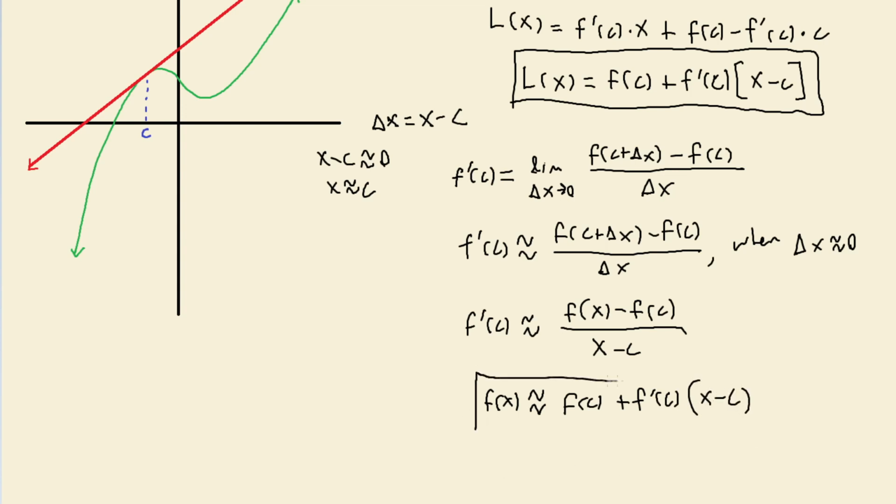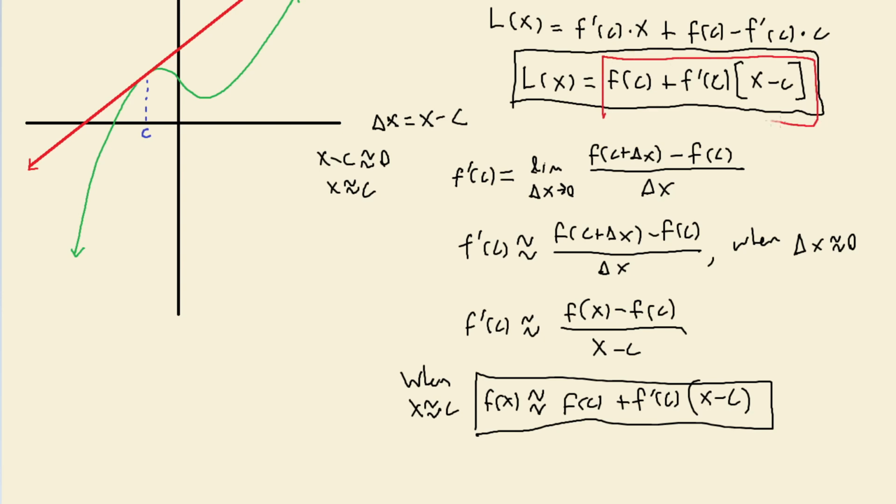And so what does this tell us? I'm going to bring this caveat here that when delta x is approximately equal to 0, which is the exact same thing as saying when x minus c is approximately equal to 0, therefore x is approximately equal to c. So I'm going to bring that caveat down here. I'm going to say when x is approximately equal to c, f of x is approximately equal to this expression right here, which, if you look right here, is exactly equal to the equation we just derived for the tangent line.